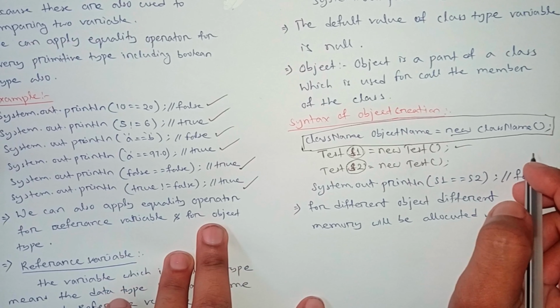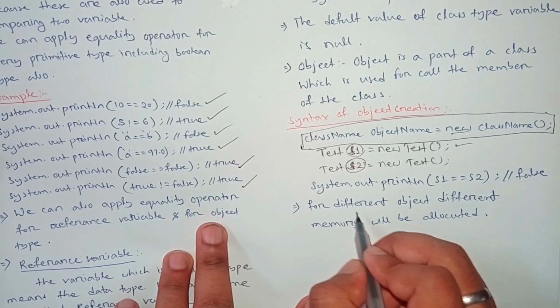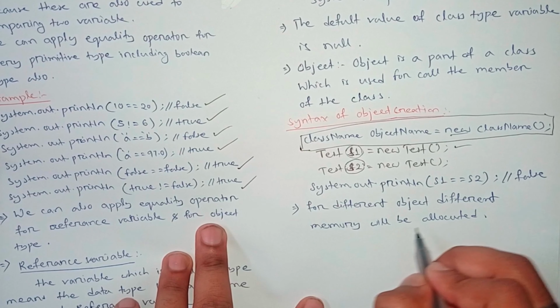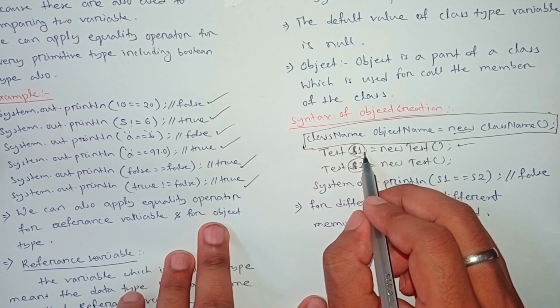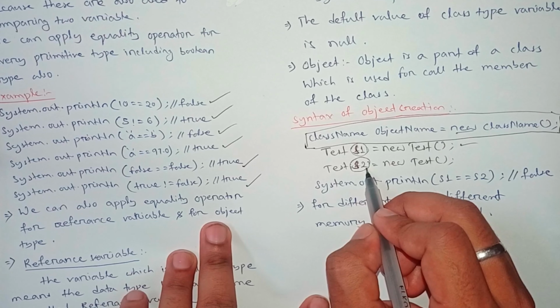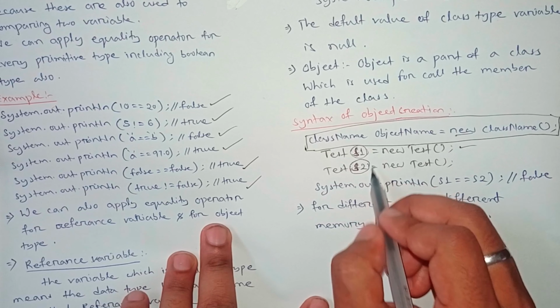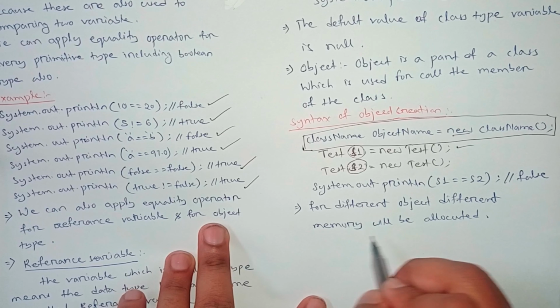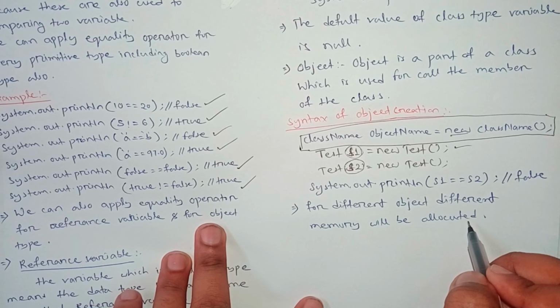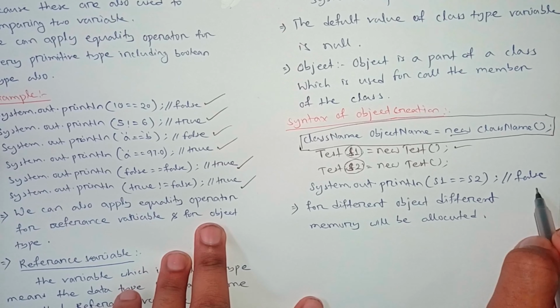Why false? For different objects, different memory will be allocated. Here s1 is an object and s2 is another object. These are different objects, so different memory will be allocated and our output will be false.